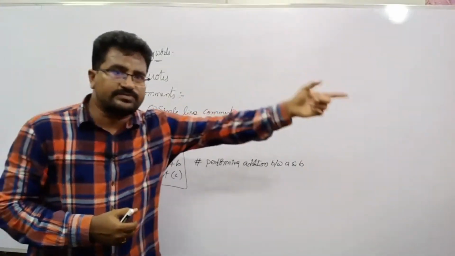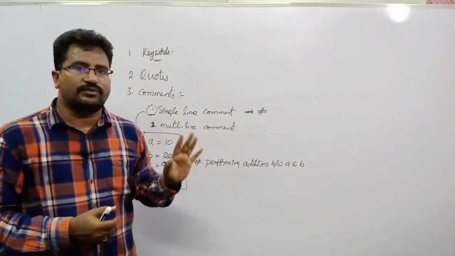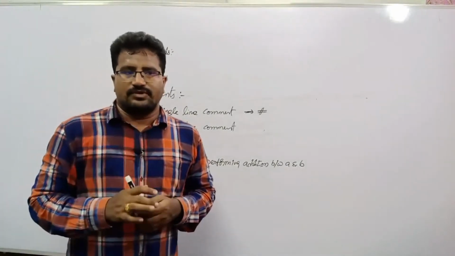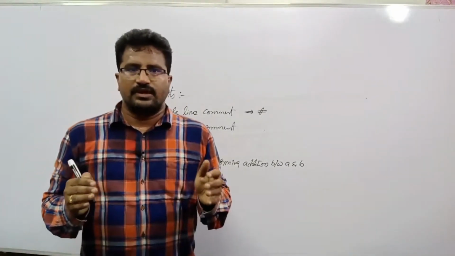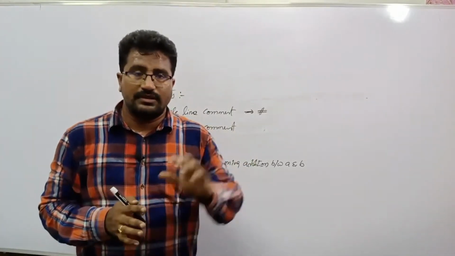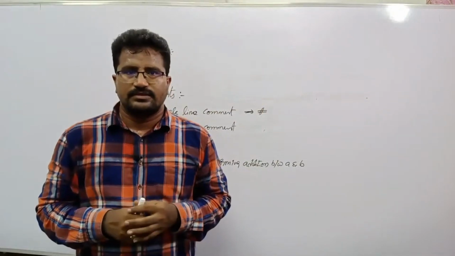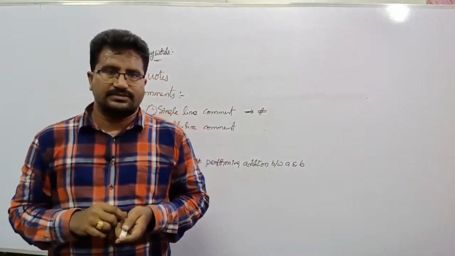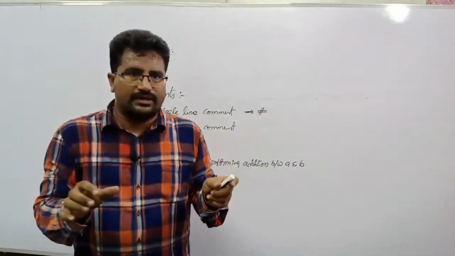So for that person, which one requires comments? Not for me. Simple example: suppose I'm watching a Hindi movie. I don't know Hindi, but I'm watching a Hindi movie. Below the display, subtitles are shown. Who is displaying them?